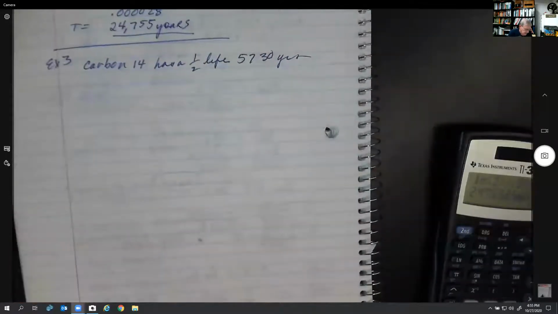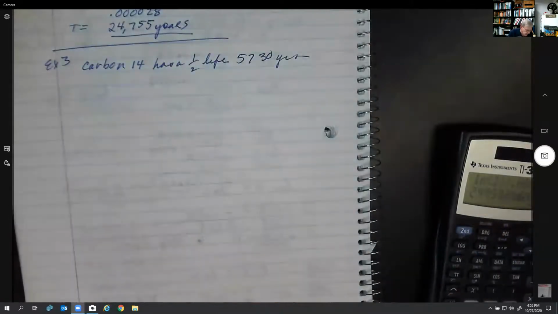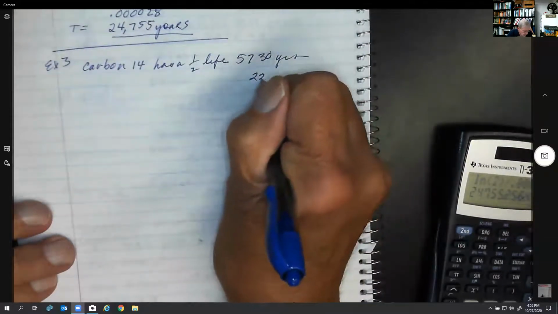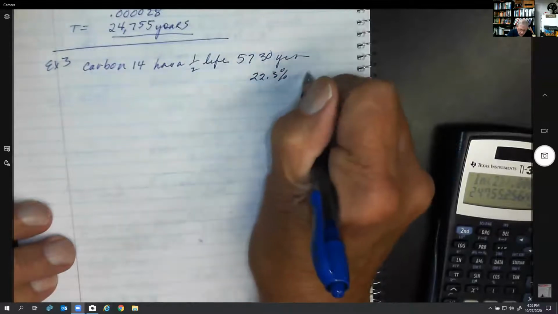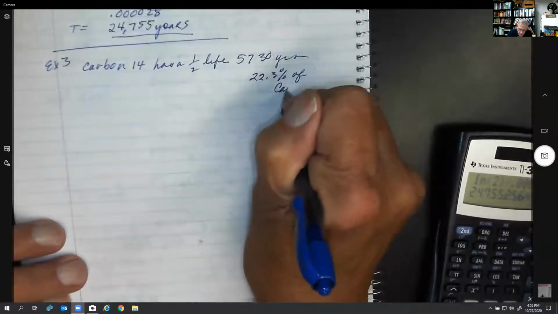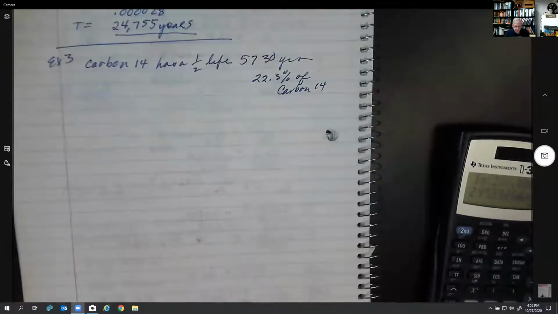And they're examining these Dead Sea Scrolls, and when they did some tests on it, they realized they've already lost 22.3% of carbon-14. So we're trying to figure out how old this scroll is.